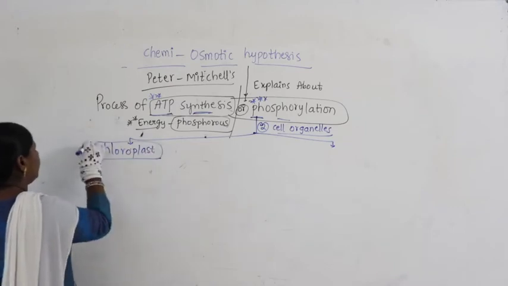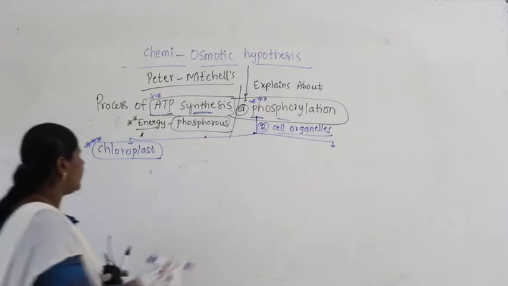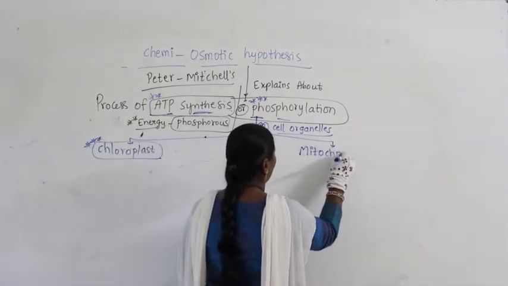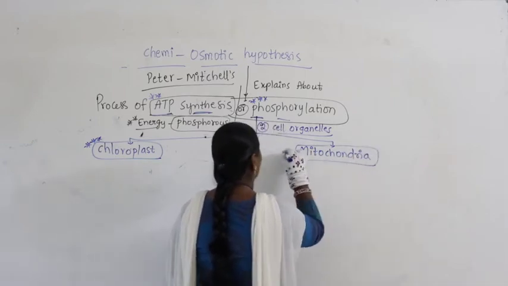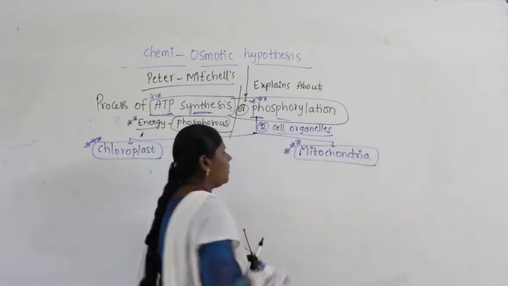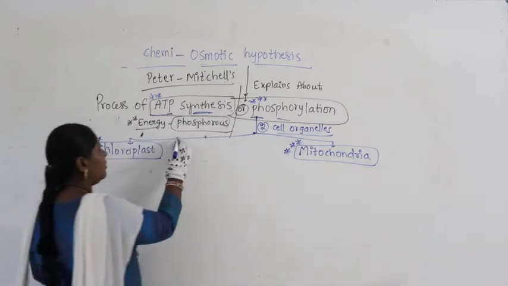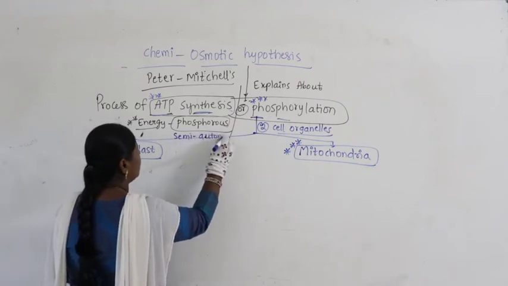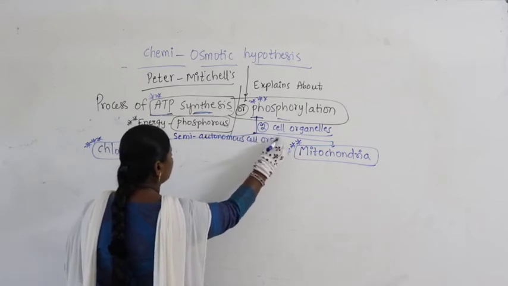and very important. Now the point I am giving you as a basic point is very important. Another cell organelle is mitochondria. Very important. Right, so we know both of them are called semi-autonomous cell organelles. Why are they called semi-autonomous cell organelles?